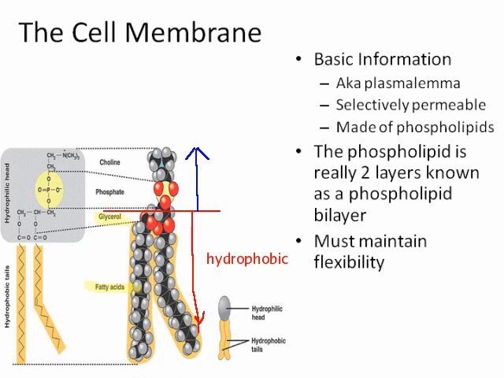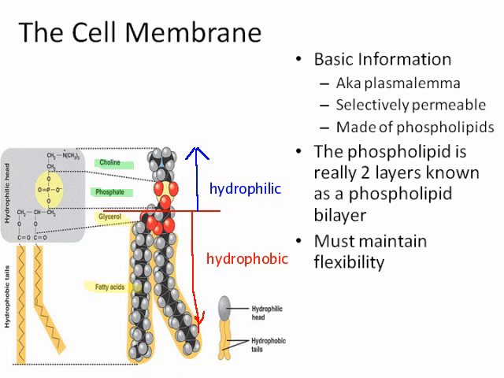From that red line up, we have a hydrophilic area, composed of a phosphate group as well as a choline group. Choline is designed to enhance cell communication, a cell's ability to effectively communicate between other parts of the cell membrane.